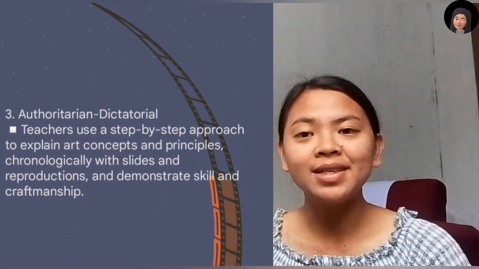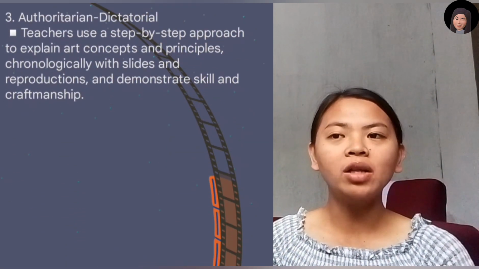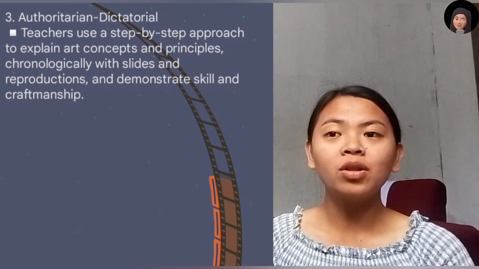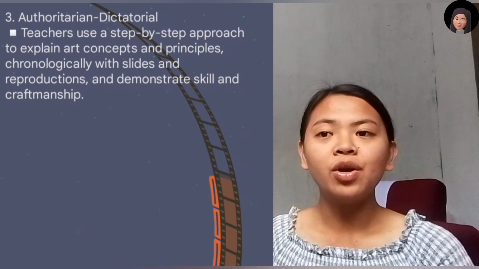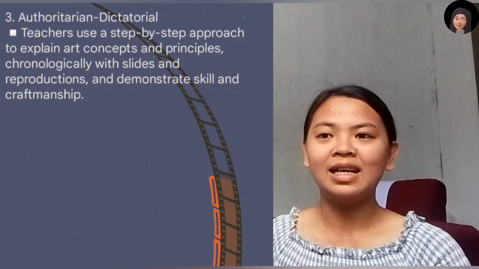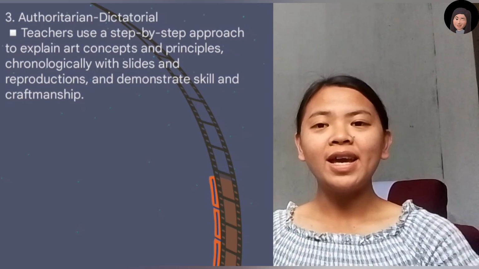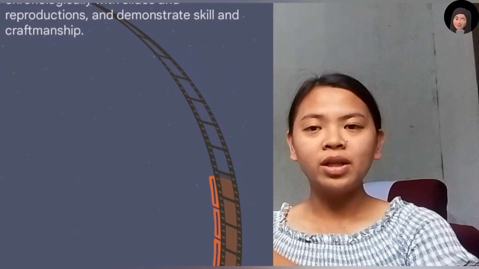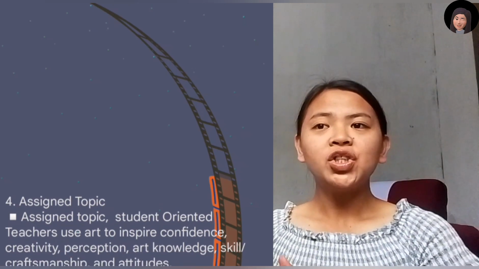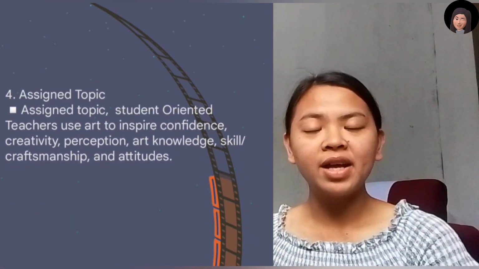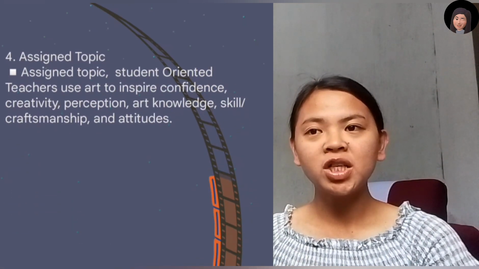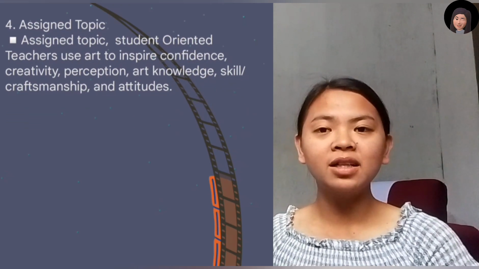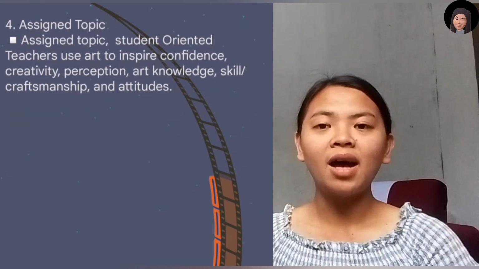Teachers use a step-by-step approach to explain art concepts and principles chronologically with slides and reproductions and demonstrate skill and craftsmanship. The fourth one is assigned topic or student-oriented. Teachers use art to inspire confidence, creativity, perception, art knowledge, skill, or craftsmanship, and attitudes.